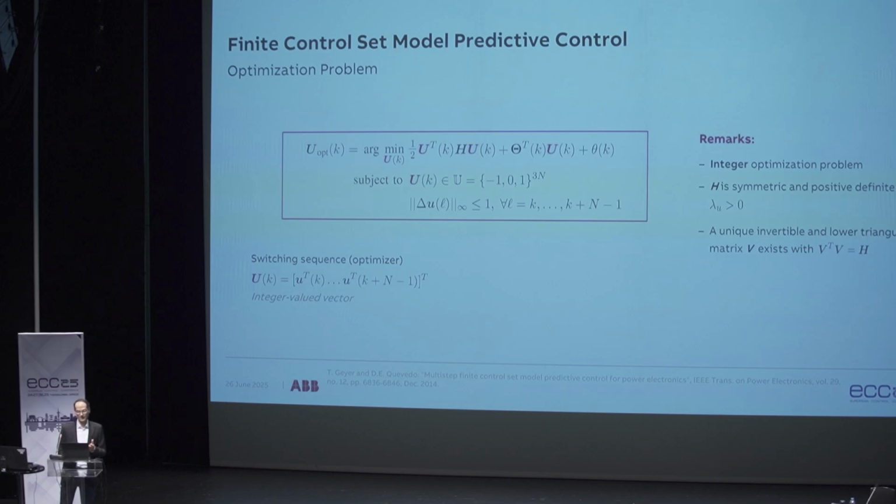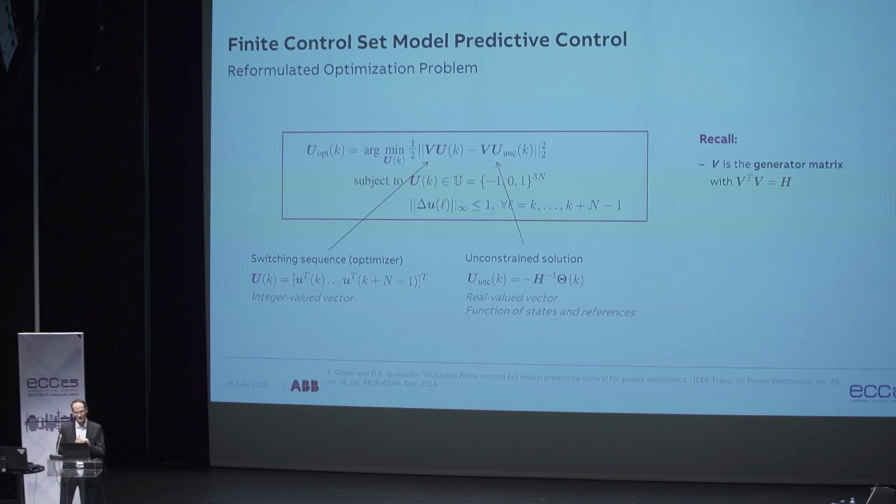So thanks to that, we can rewrite this quadratic form by completing the squares into the very compact form shown up here. So we have still the decision variable, our sequence of manipulated variables, but we now also have an unconstrained solution.